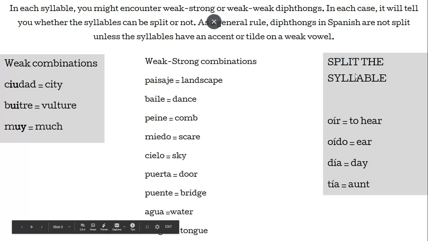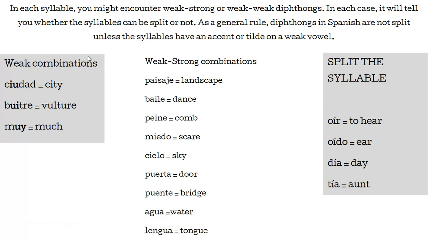So just so you read this piece at the top, it says in each syllable you might encounter weak strong or weak weak diphthongs. But in each case, whatever you have, that's how you're going to tell how many syllables it's going to be. As a general rule, diphthongs in Spanish are not split unless the syllables have an accent or a tilde.